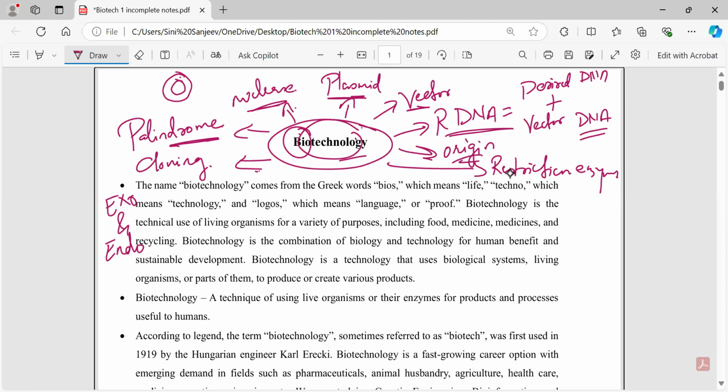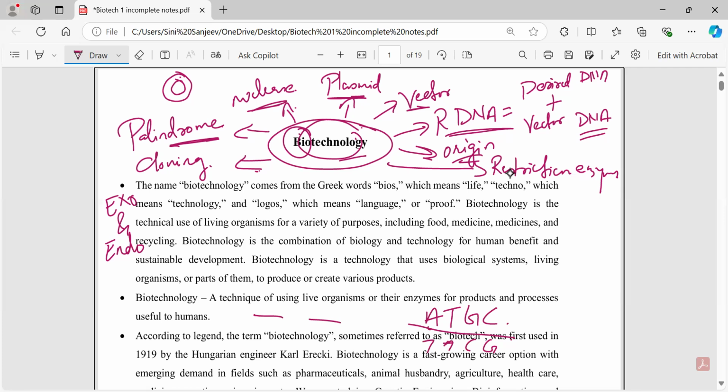Now, what is this palindromic sequence? For example, take a particular base pair like ATGC. It will have the alternate strand, right? TACG, correct? Palindromic sequence means you will have the same reading frame sequence, but like a mirror, in short.